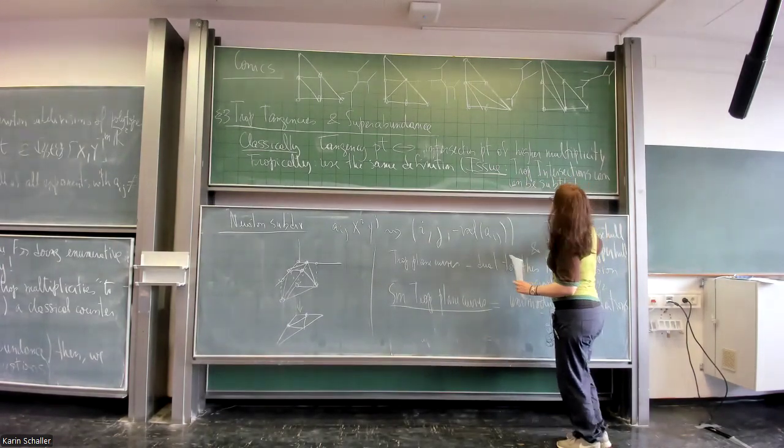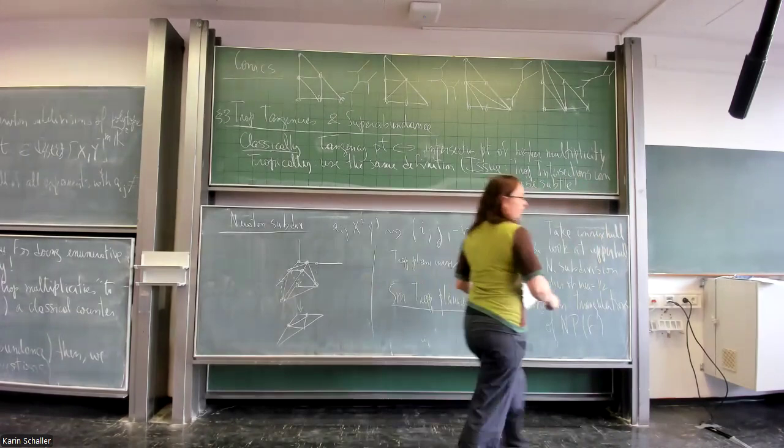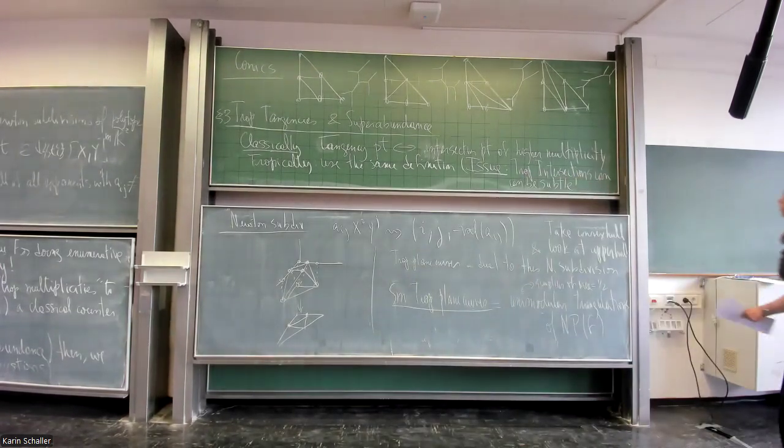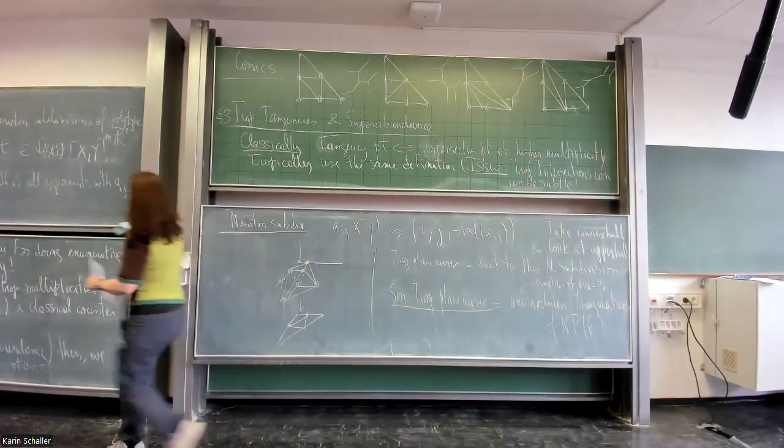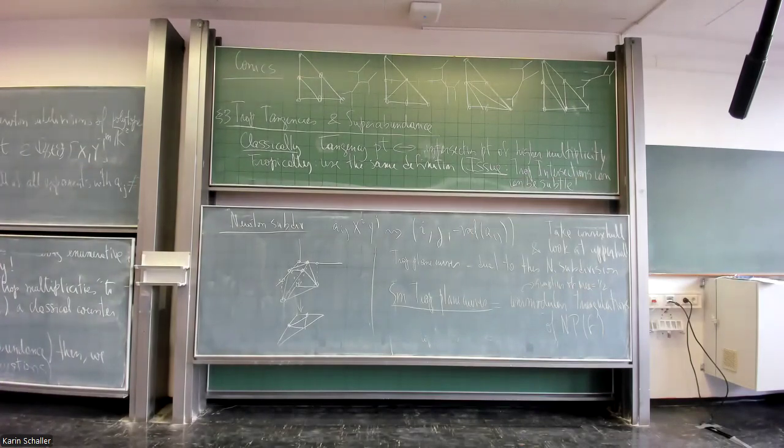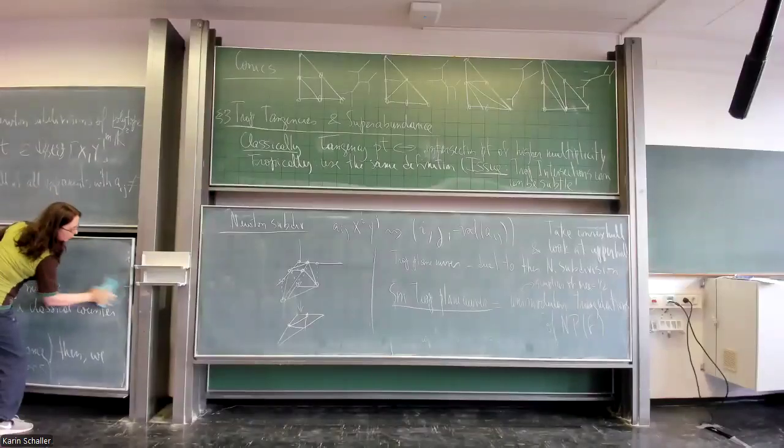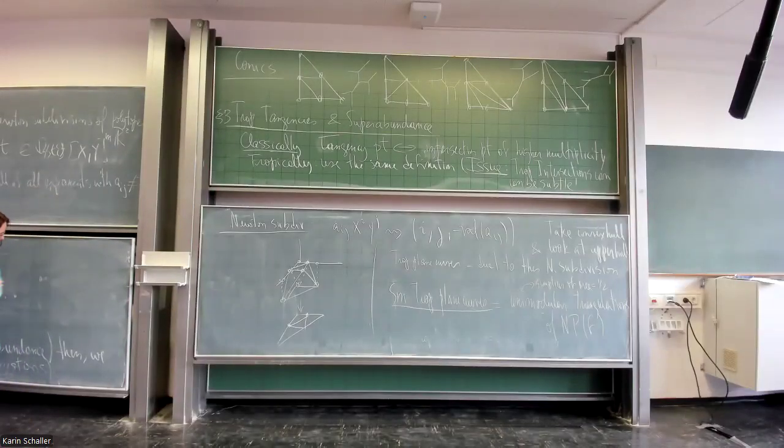Okay, now it's going to scroll to the boards. And so how do we do tropical intersection? Well, let me show you an example with some pictures, so then you see what's the situation, and then we can take a break.